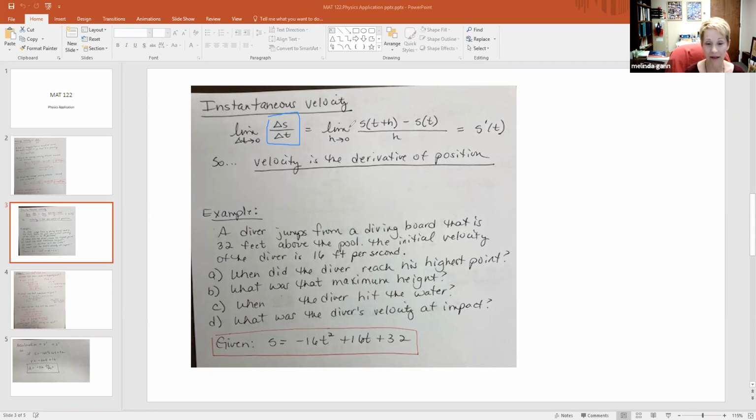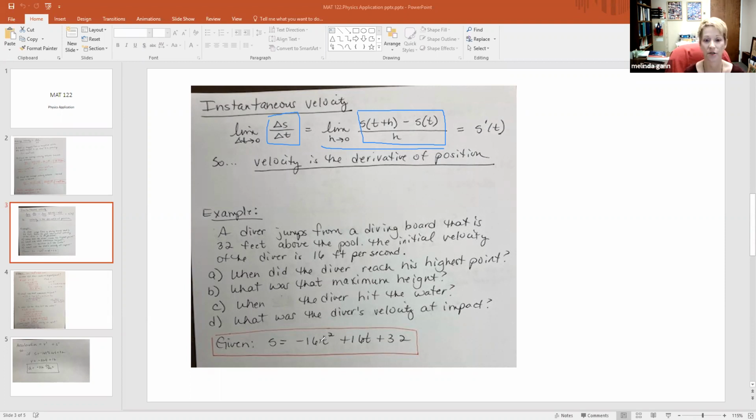Now, what happens, and remember, all I did here, this formula right here should look familiar to you, only you're used to seeing f's and x's, not s's and t's. Do you see that this is your definition of a derivative? So when you take the derivative of your position function, that's going to give you velocity. So when I give you the s function, to get the velocity function, you just take the derivative.